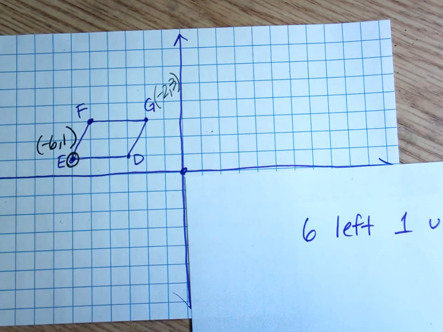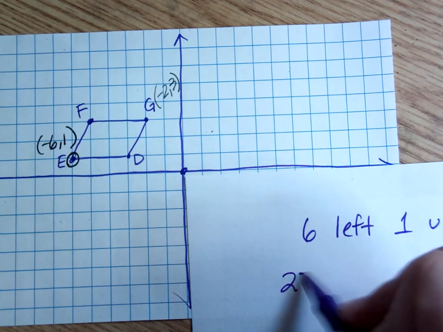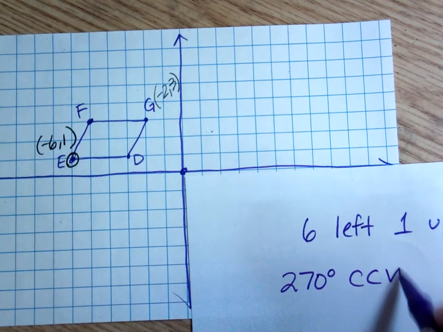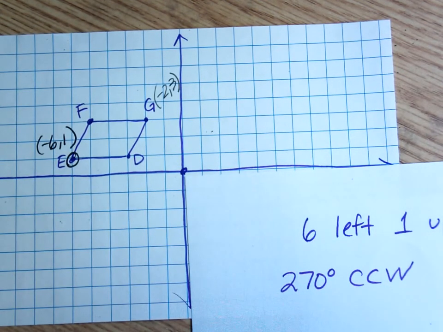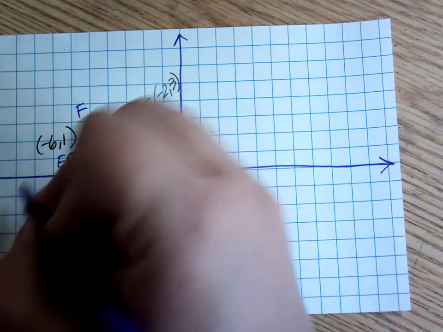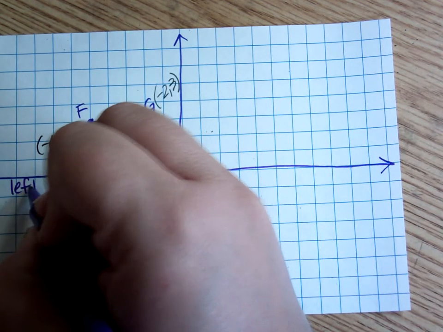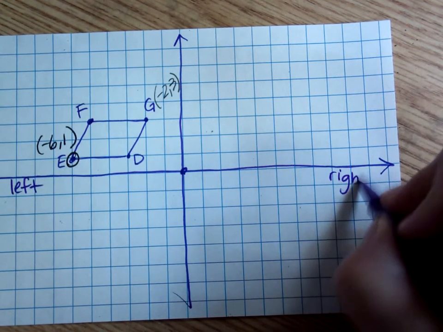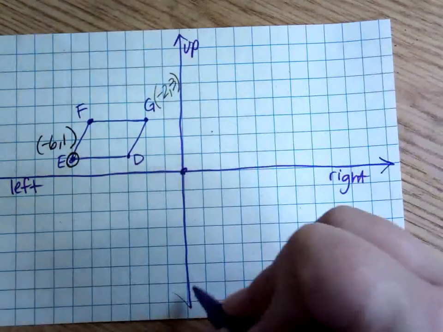Okay, so if I'm going to go 270 counterclockwise, then I need to think about what happens to left and up. Okay, so here's left, here's right, here's up, here's down.